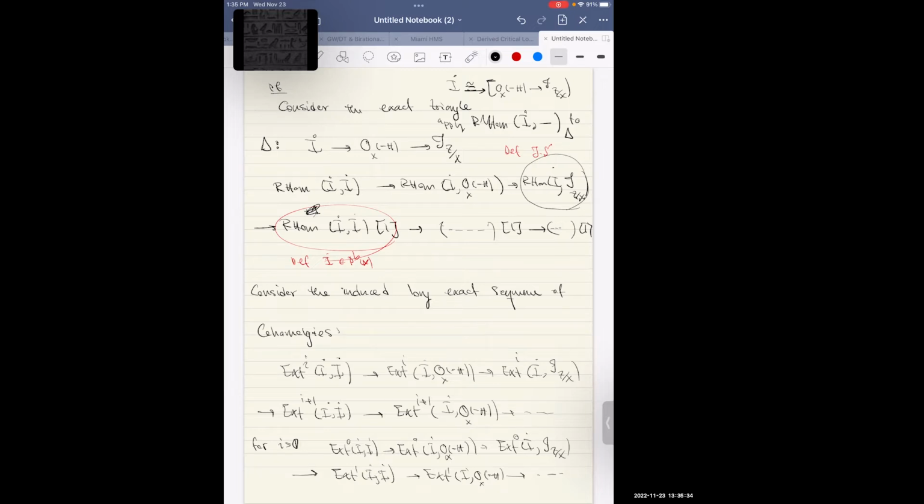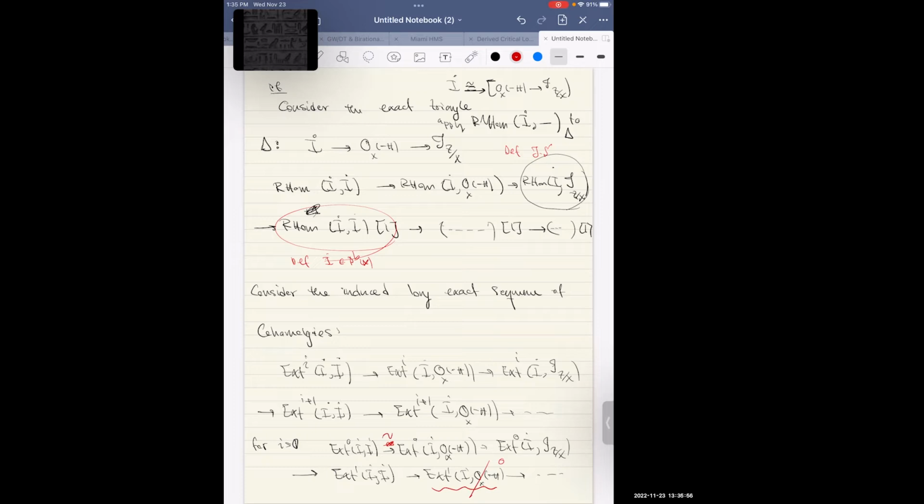And in fact, you can actually show that these two terms, so how do you want to show this thing? One thing you can show is that this term actually vanishes.